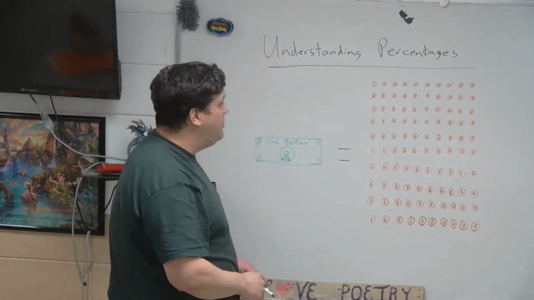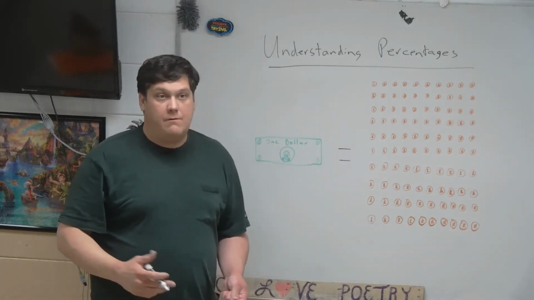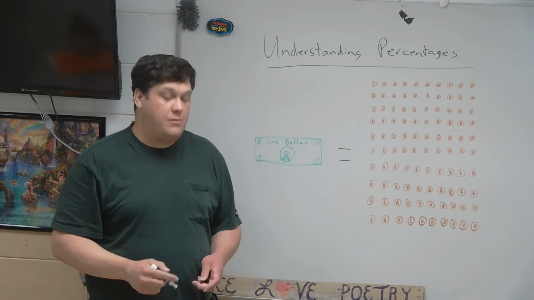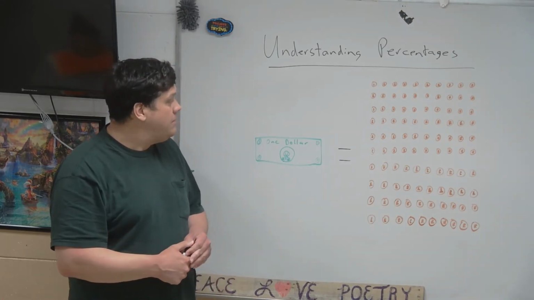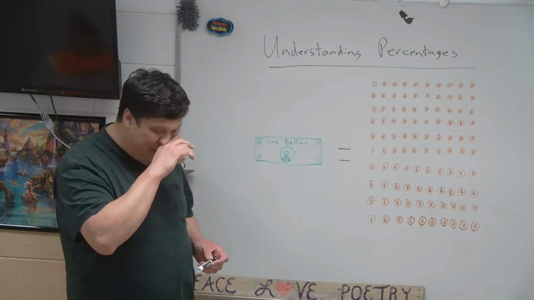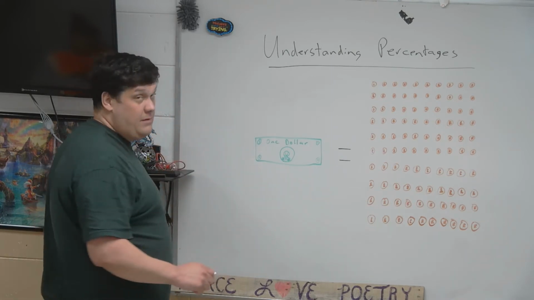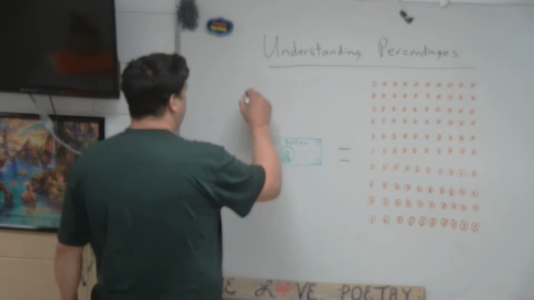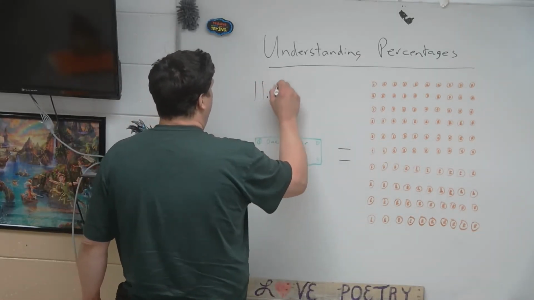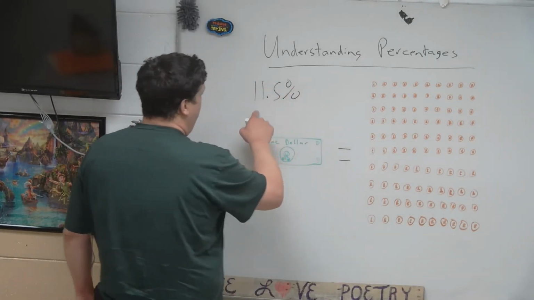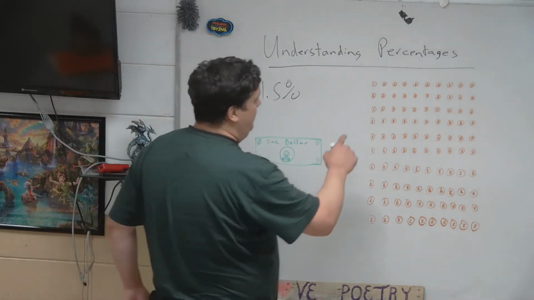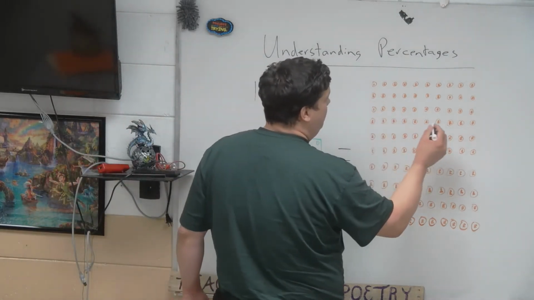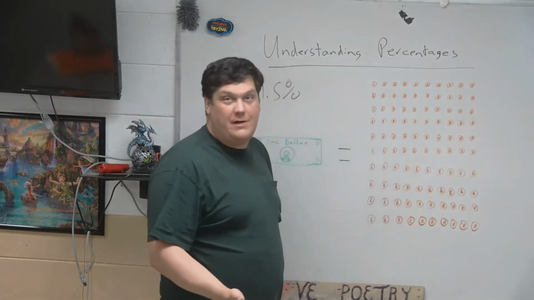But percentages are just fractional pieces out of 100 equal pieces. A number out of 100 equal pieces, equal parts. Every once in a while you'll get something more advanced, like 11.5%. 11 and a half parts out of 100, which would be like 11 of these pennies and then half of another one.